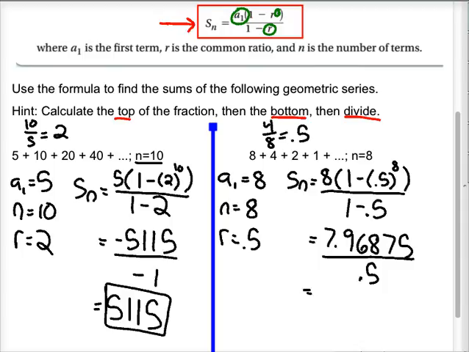So my answer is 15.9375. Right, so because it is a terminating decimal, you can actually just leave it like that. All right, you can leave it written in that form. I'll show you what to do if it's not a terminating decimal later on.